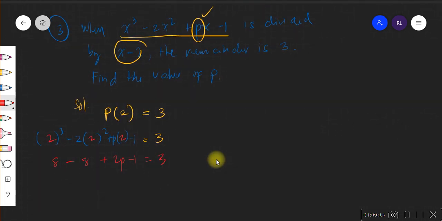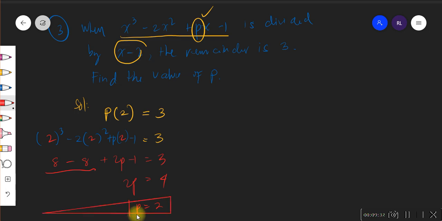So we'll have 2p equals 4, because the 8 minus 8 becomes 0. Therefore, p is just 2. That's how simple it is.